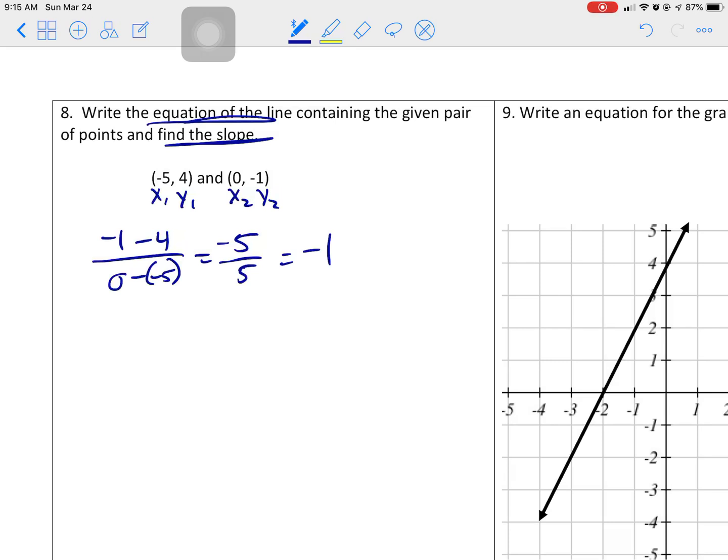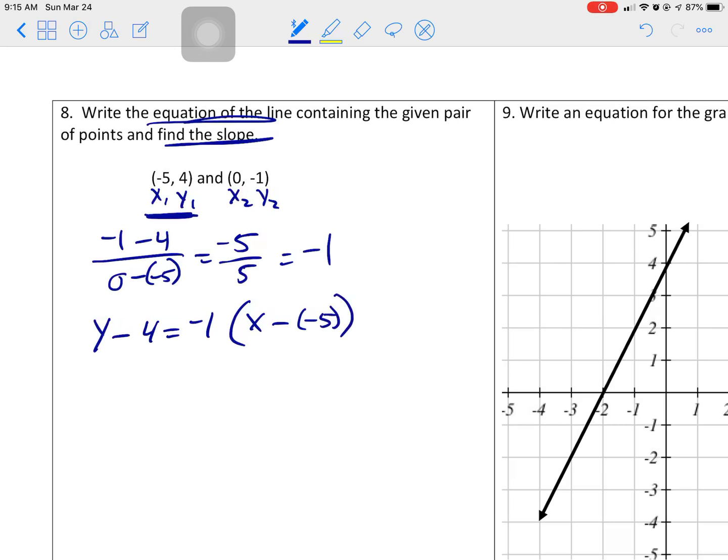Okay, -1, that's true. And then it says write the equation of the line. So I need to go ahead and pick one point to put in my point-slope formula. So let's see, y minus 4 equals -1 times x minus negative 5.